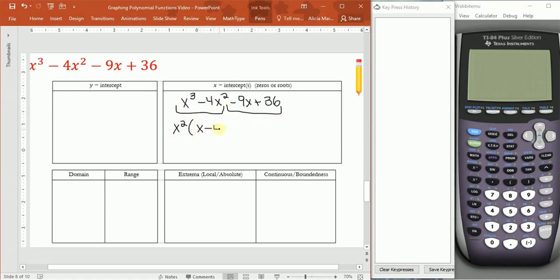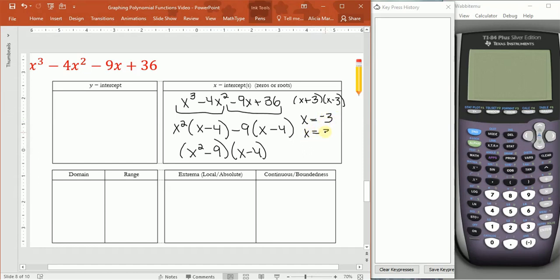That's x minus 4. Looks like I can take a negative 9 out. That's x minus 4. Got x squared minus 9 on the outsides, x minus 4. Oh, x squared minus 9 though, that does break down into x plus 3, x minus 3. Don't forget those difference of squares. So my x-intercepts are located at negative 3, 3, and 4.